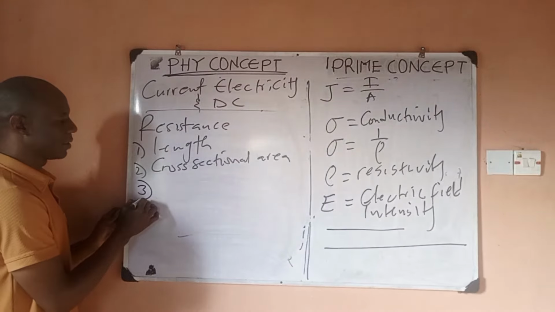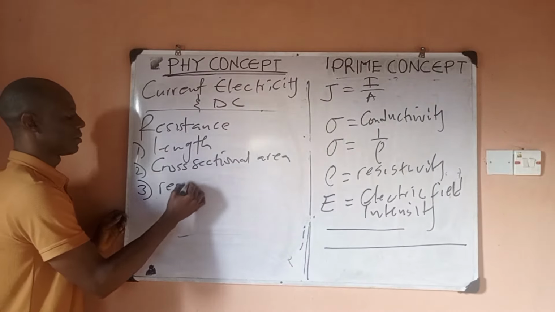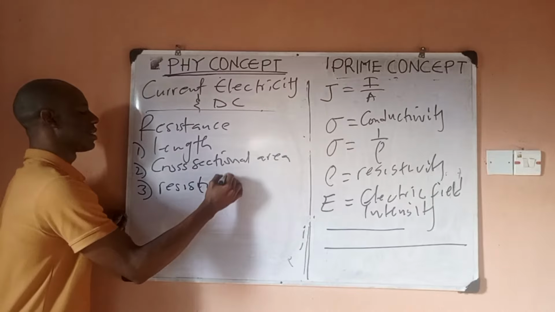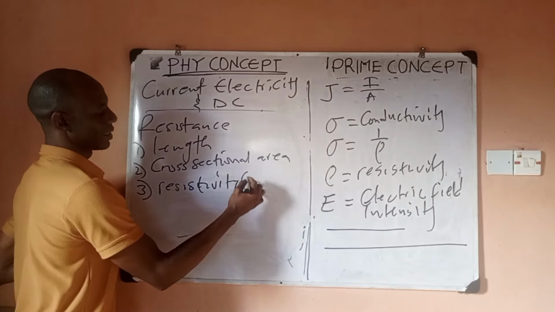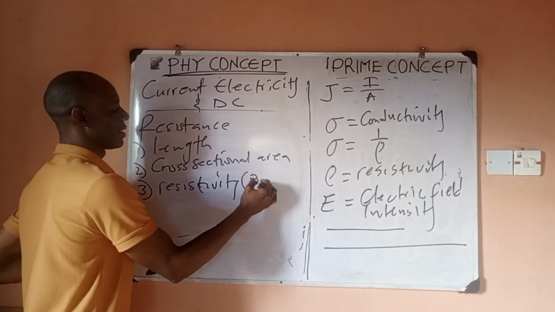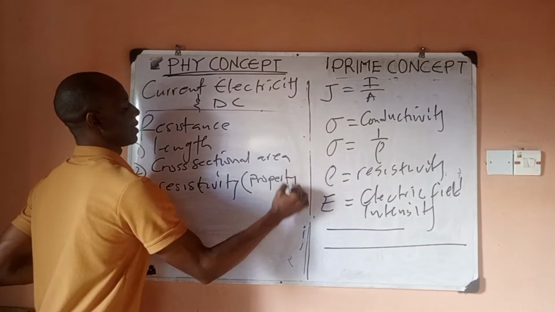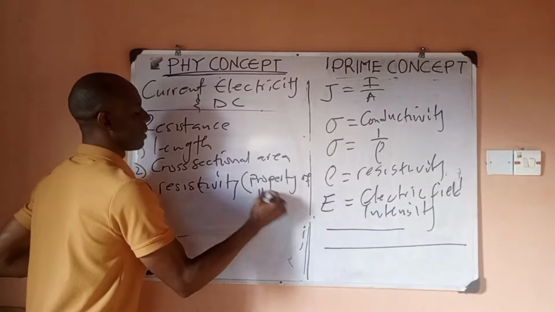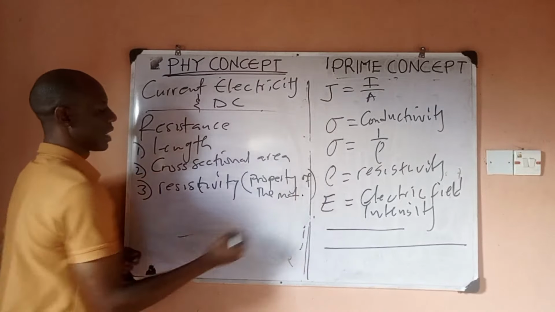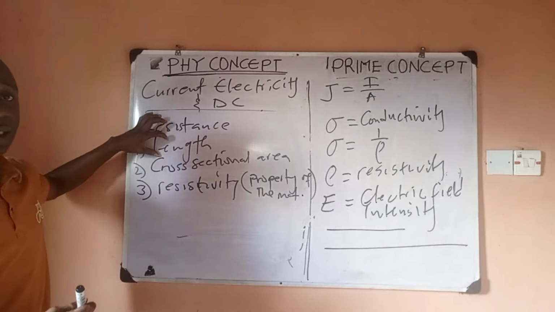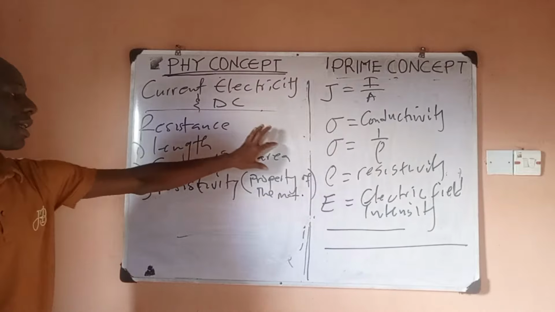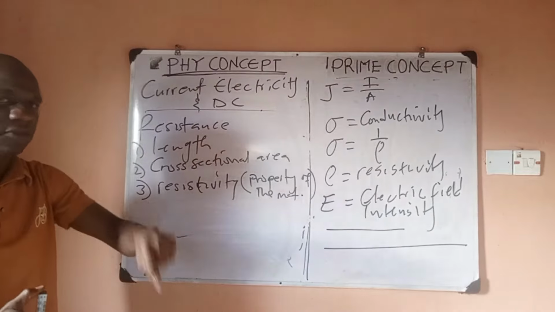Then number 3 is resistivity, which is known as the nature or property of the material. So that is to say, resistance depends on length, depends on cross-sectional area, and depends on the property of the material.